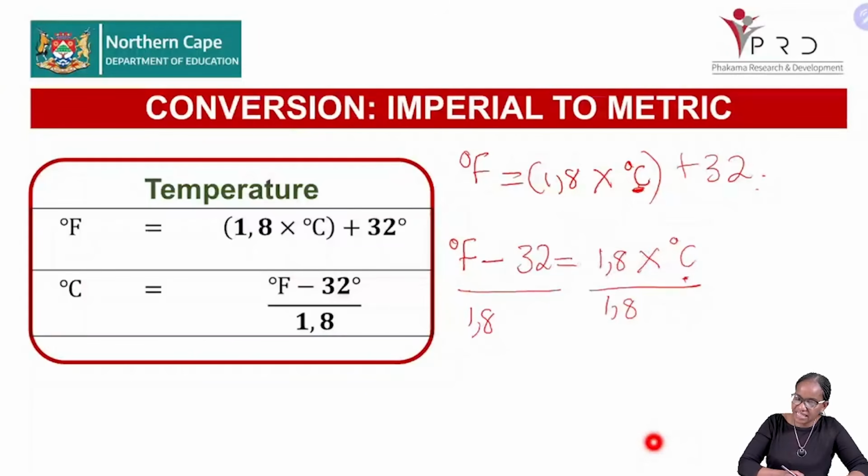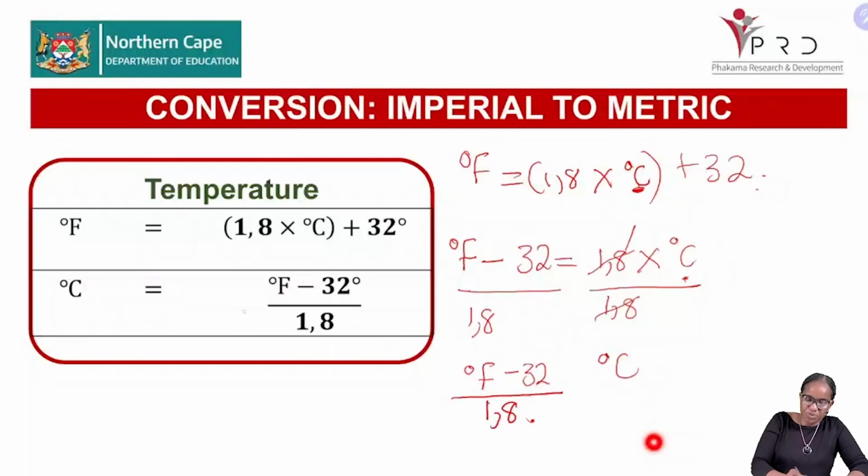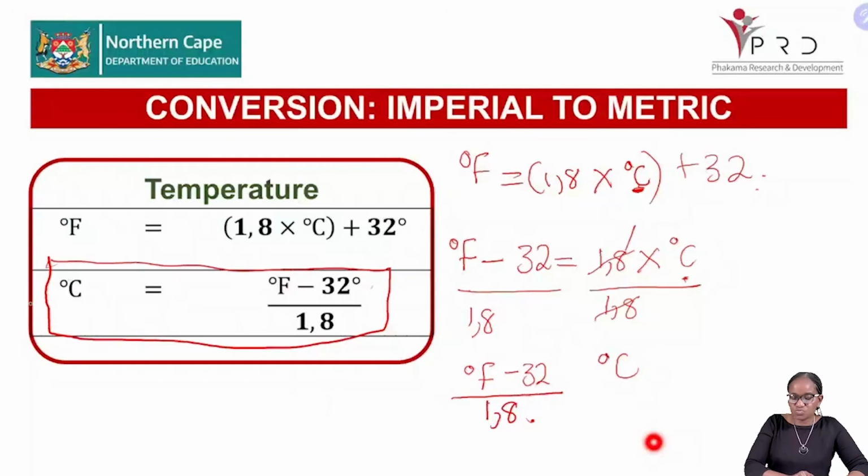What do we get, class? We'll remain with this, which gives us 1. So we remain with degrees Fahrenheit minus 32, all divided by 1.8, which is what we have here. So when you are converting from Fahrenheit to degrees Celsius, this is what you use. And when we are converting from Celsius to Fahrenheit, this is what you use.